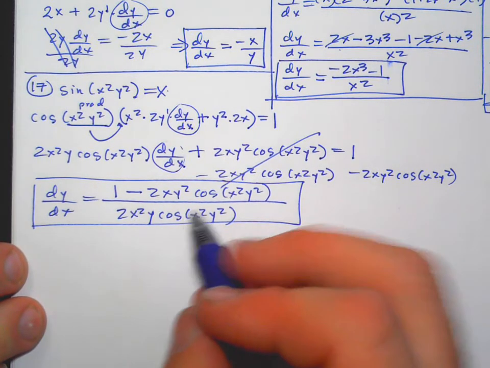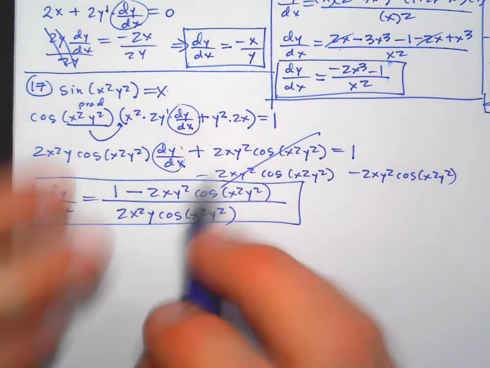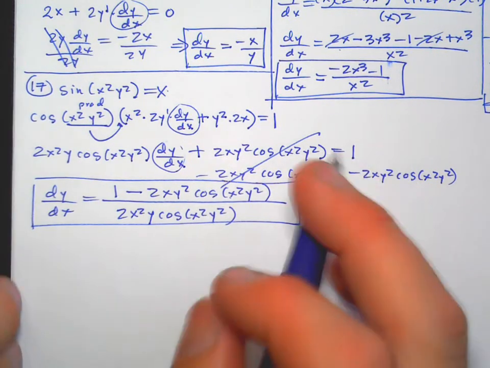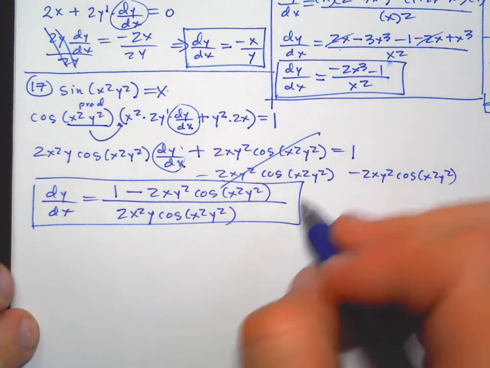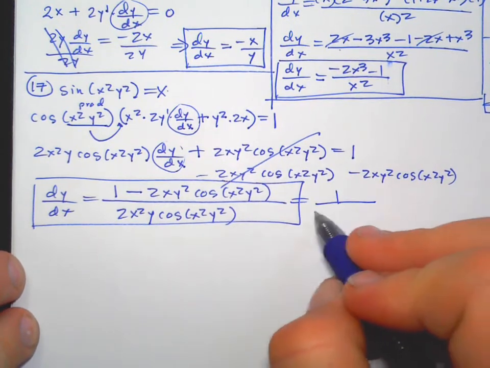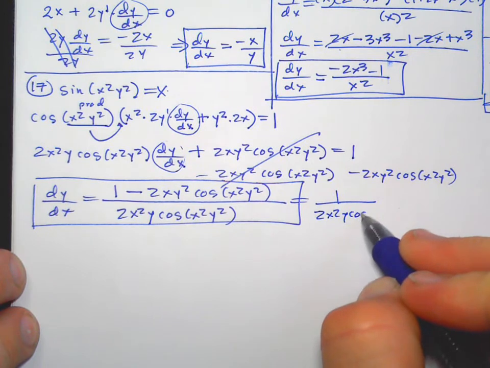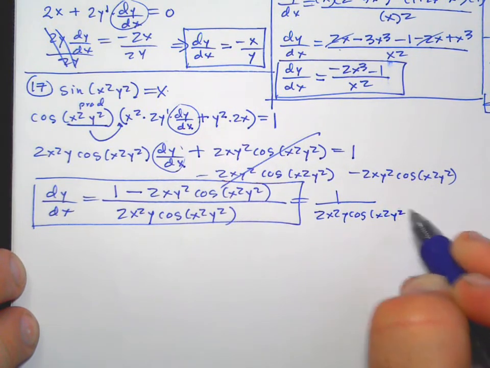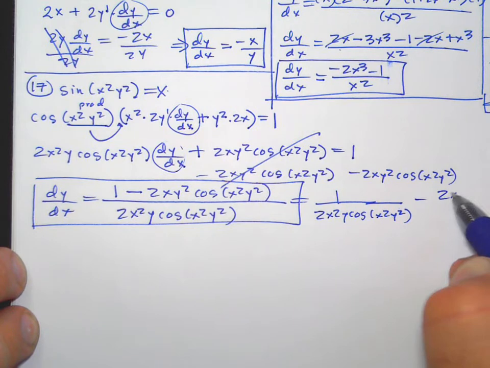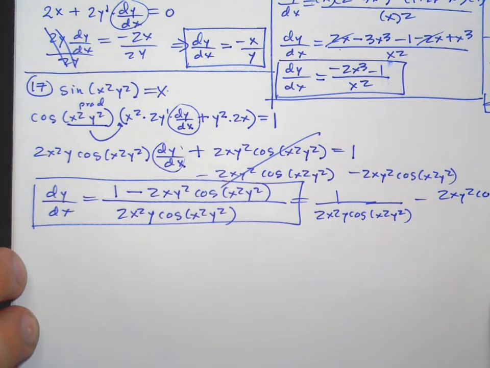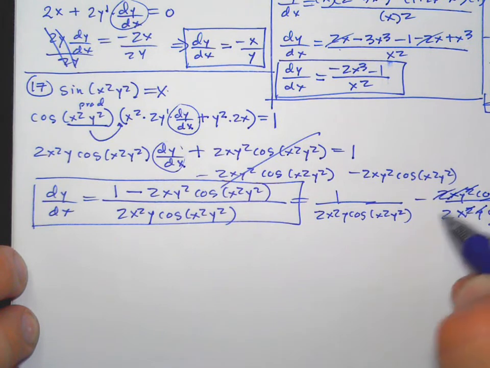One other option is you could distribute this division and break it up into two separate fractions, and things simplify a little bit. So if you did that, you get 1 over 2x squared y cosine(x squared y squared), minus 2xy squared cosine(x squared y squared) over 2x squared y cosine(x squared y squared). And now you can cancel those. You can cancel a y on the top and bottom, an x on the top and bottom, and the 2's.